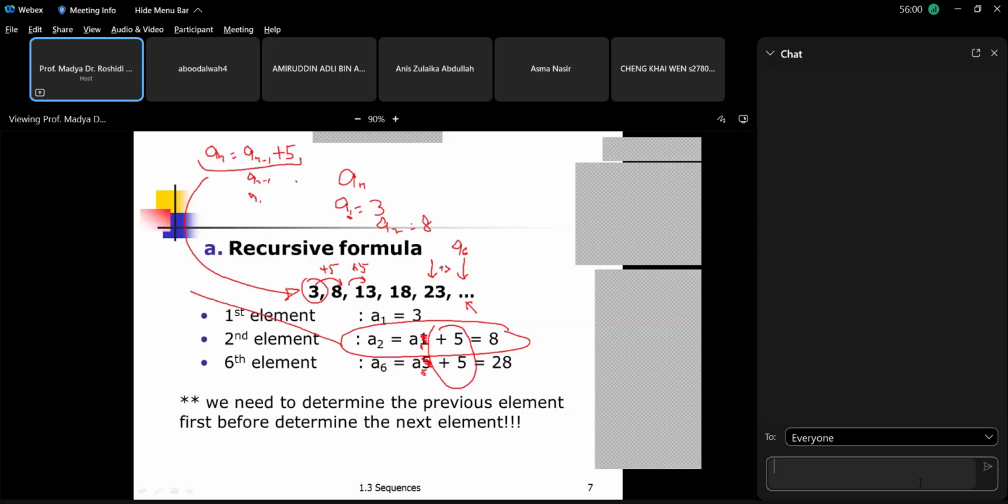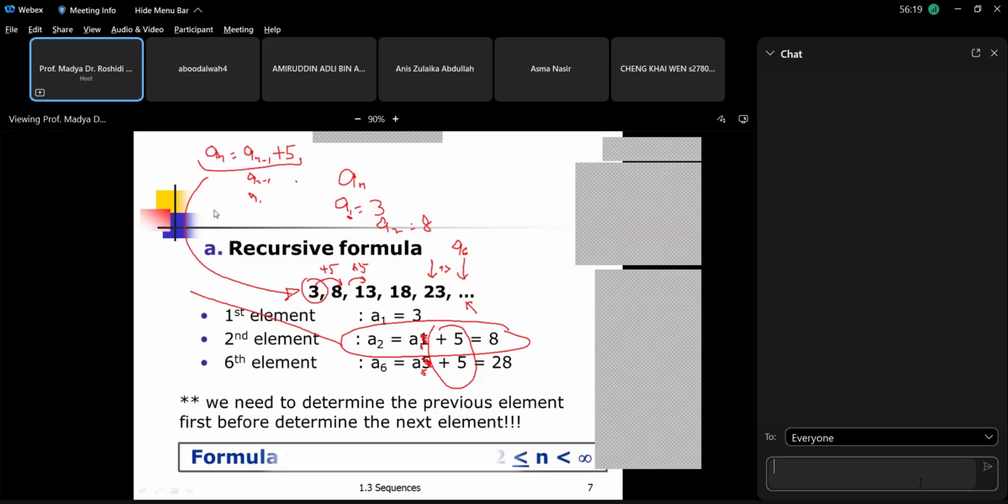So today's topic we will talk about two types of formula. First recursive, second explicit. Based on the sequence, we can produce a formula. For this case, we produce a recursive formula for example 2. Okay, so then we get an equal to an minus 1 plus 5. Each formula must have a range.